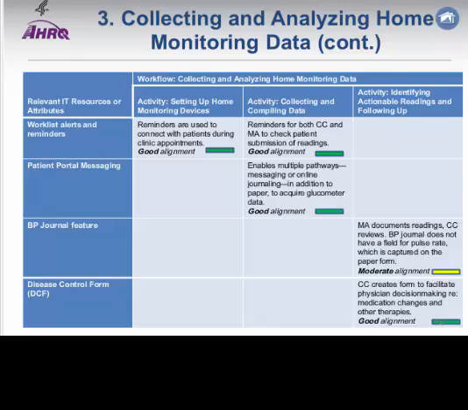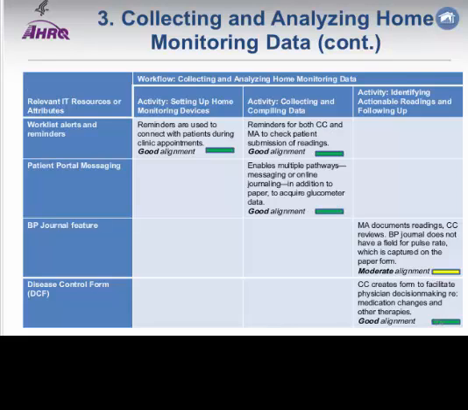indicated to the readings. And again, we put together these interaction matrices to look at alignment between each of these IT components and the major activities that were important for the overall work activity, the third work activity.